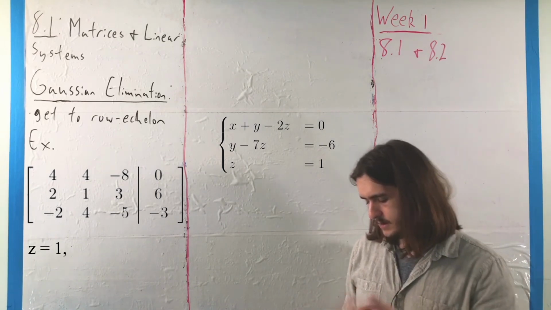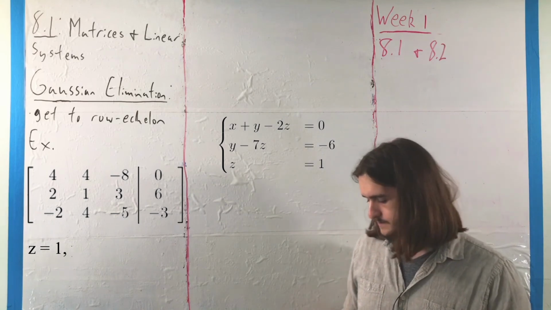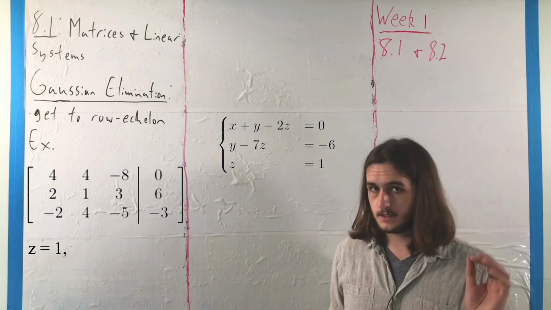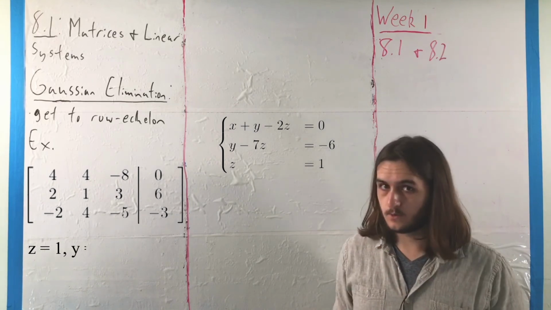Plug that 1 into the equation for y minus 7z, you get y minus 7 equals negative 6. Add that over, y equals 1.